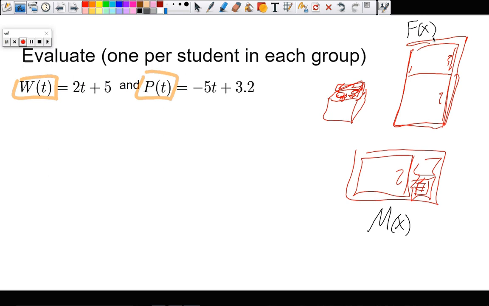And then I also have a stove that I could call s of x. Go with me? These all have a function. That means they all have a job. They all do something. They're all built to do something. And we just happen to label them with the first letter of what they are: a stove, a fridge, a microwave.